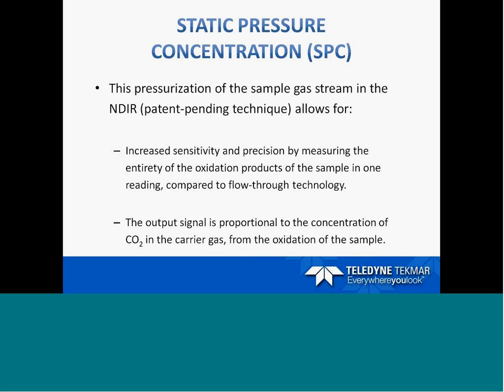This is so that we can get an increased sensitivity and precision because we are measuring the entire oxidation products of that sample in one reading. So the output of that signal is proportional to the concentration of CO2 in the carrier gas.